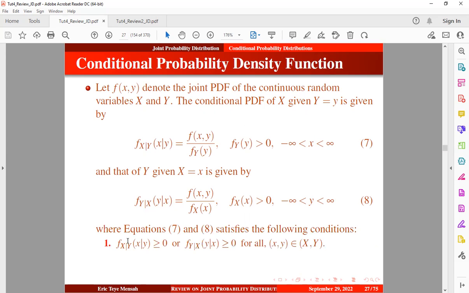The conditional PDF of x given y is non-negative, as well as the conditional PDF of y given x, for values of x and y. And also the integral over the region of y of the conditional PDF of y given x is equal to 1, as well as the integral over the region of x of the conditional PDF of x given y is also equal to 1.